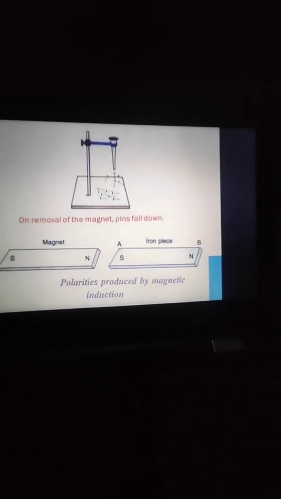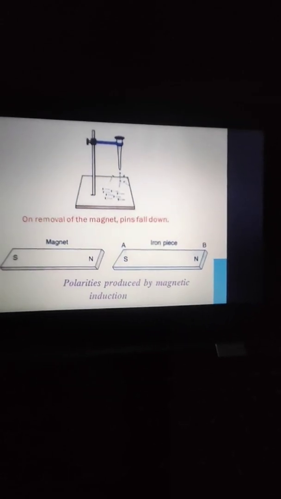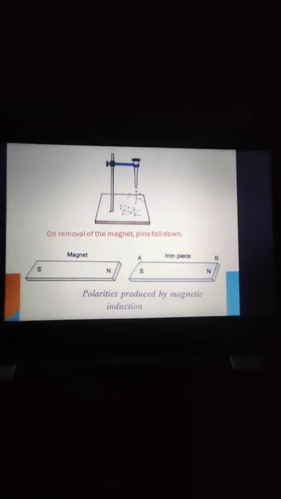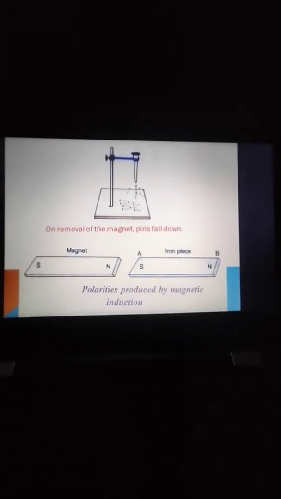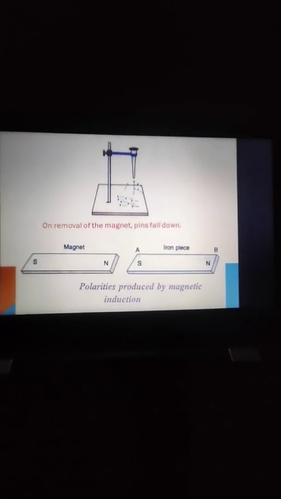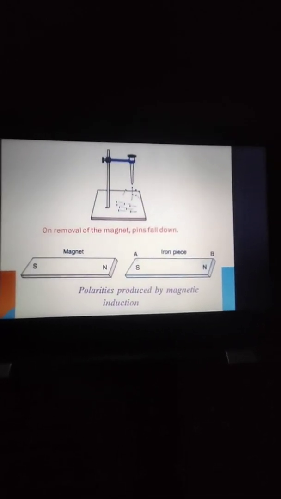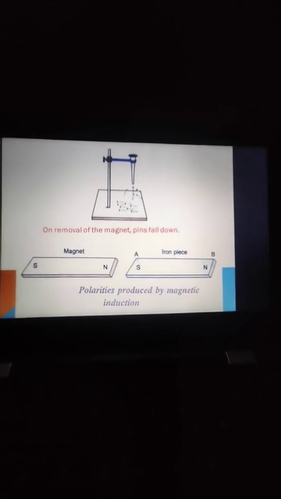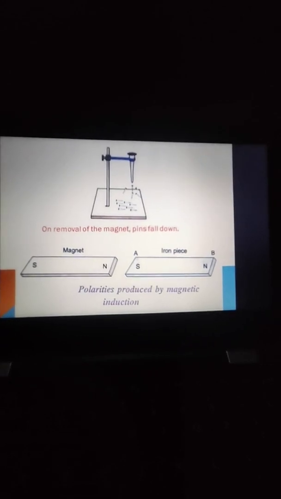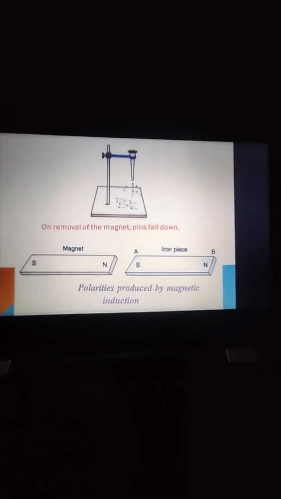That is, the near end will be the south pole and the opposite end will be the north pole. That is, if we bring the north pole of the magnet near one end, that end of the iron piece will be the south pole. And if we bring the south pole of a magnet near the iron piece, it will get north polarity.